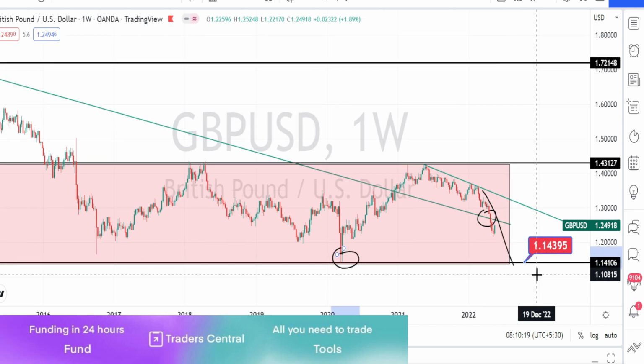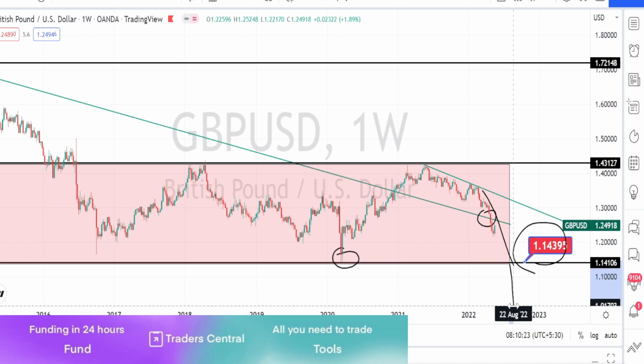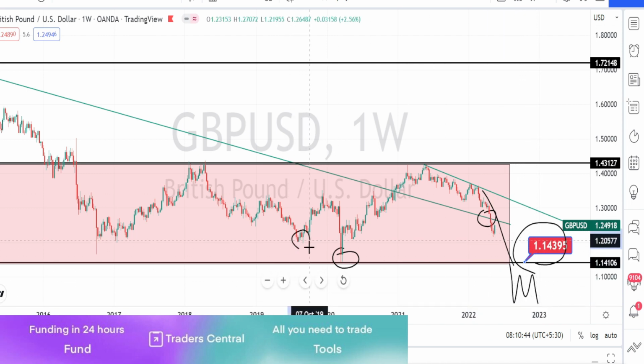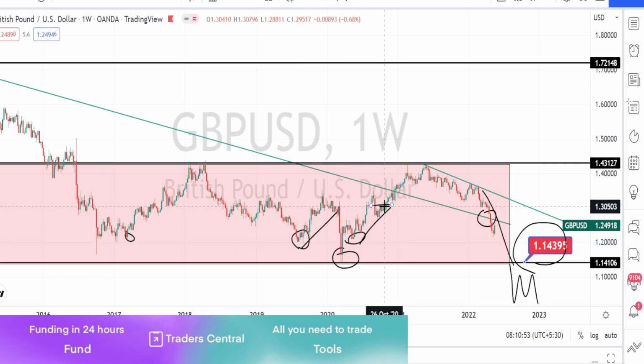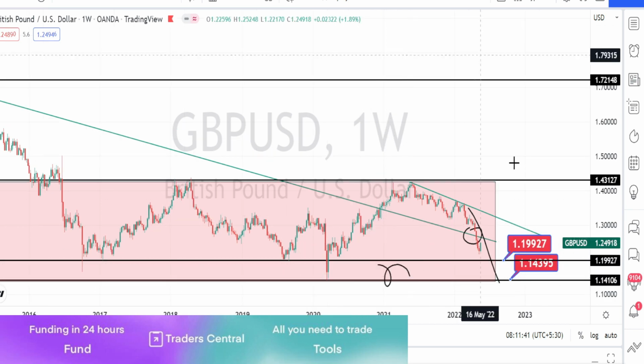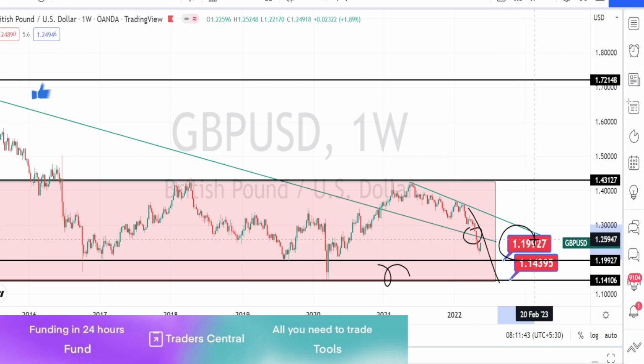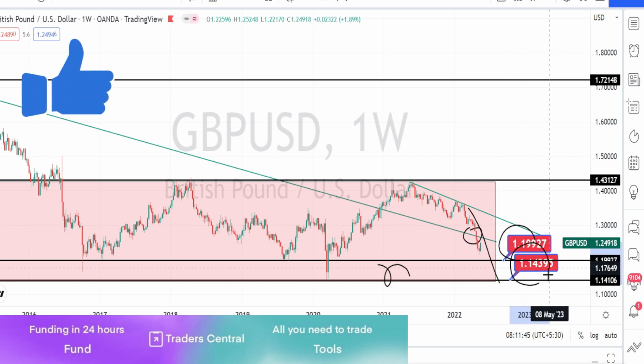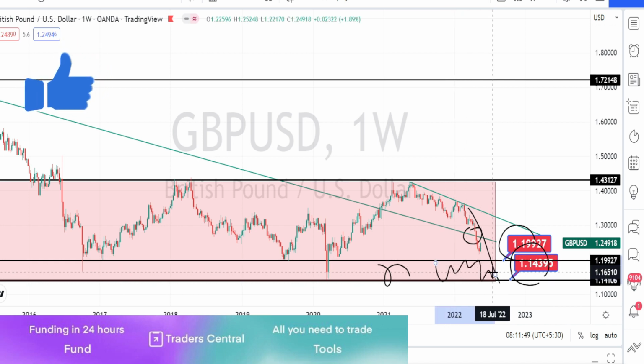Only when the price action breaks this support level, we can expect the next level of range bound market to start. And when we look at the past price action, this level had acted as a support level, and from here we have noticed the price action bounce back on the trend reversal. So this area from 1.199 to 1.143 will be acting as a support zone for the current price action.